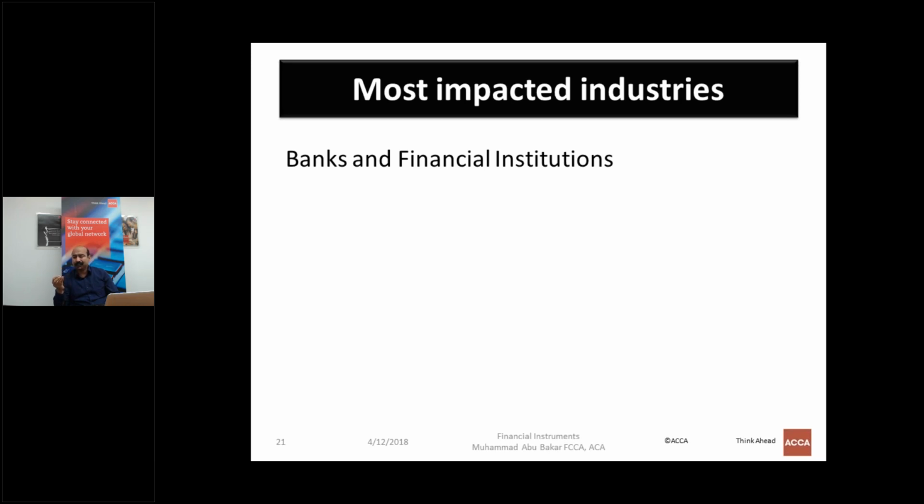They will have to change IT. Of course, this may affect their deferred tax calculations, it will affect their risk management patterns, and it will bring new additional disclosures under IFRS 7.